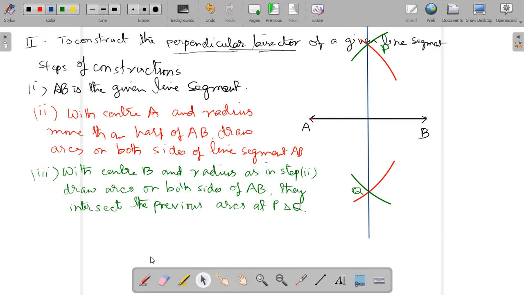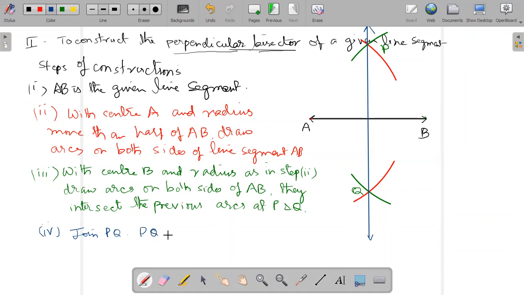Yes. So this is the perpendicular bisector. We can say PQ is the required perpendicular bisector. So what we have done in the fourth step: join PQ.